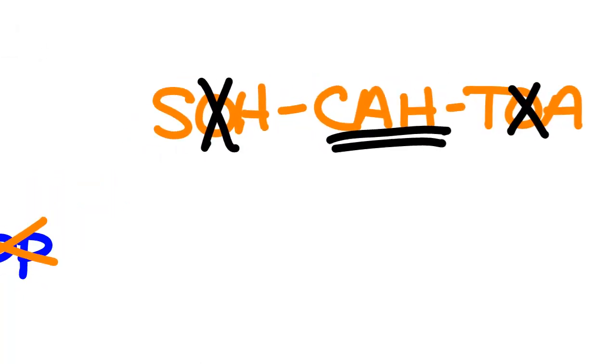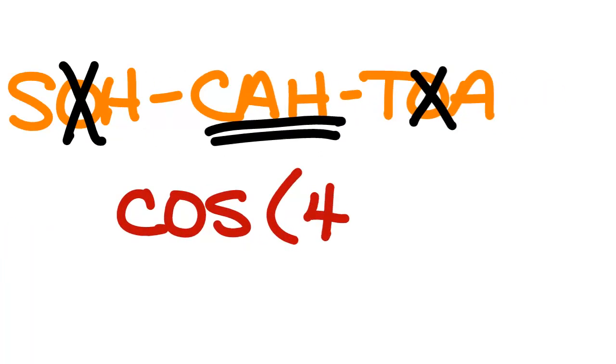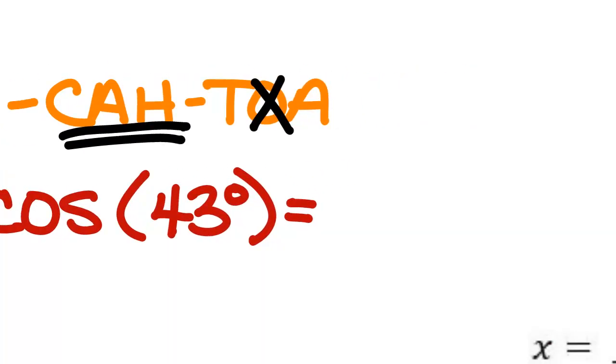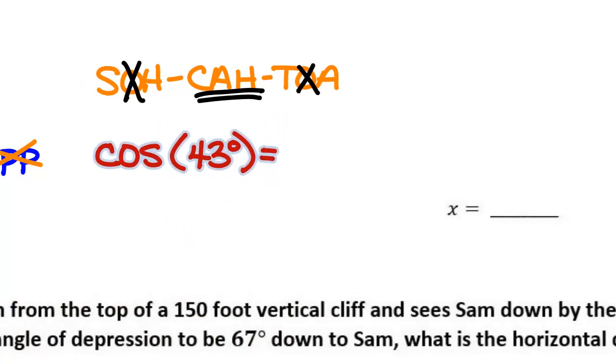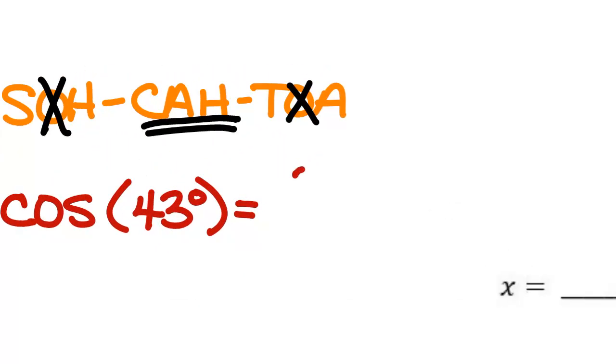So we do cosine of our angle. So cosine of 43 degrees is equal to what over what? X over 14, adjacent over hypotenuse.